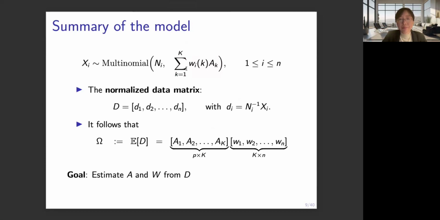Here N_i serves more as a nuisance parameter, so we often work with the normalized empirical word frequency matrix D. Under this model, D admits a low-rank factorization in this way. And the goal is that, given the data matrix D, we want to estimate A and W.